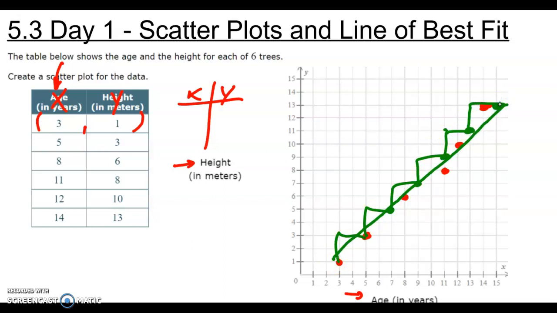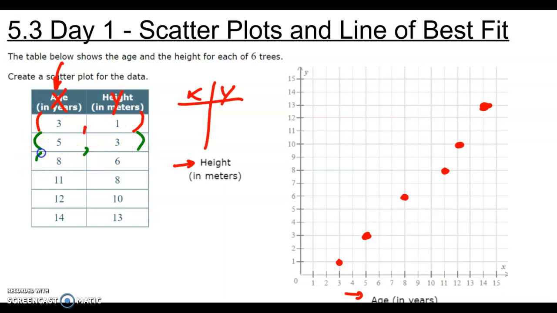And as you can see, not all of the red points are on that line, right? So what happens with a scatter plot is you're just going to plot the points. They're ordered pairs. The left side is your X, the right side is your Y, and that's your scatter plot. And for the first couple of problems on Alex, all you're doing is plotting your points. That problem is done right now. You plot those points based on the table of ordered pairs, and that problem is done.